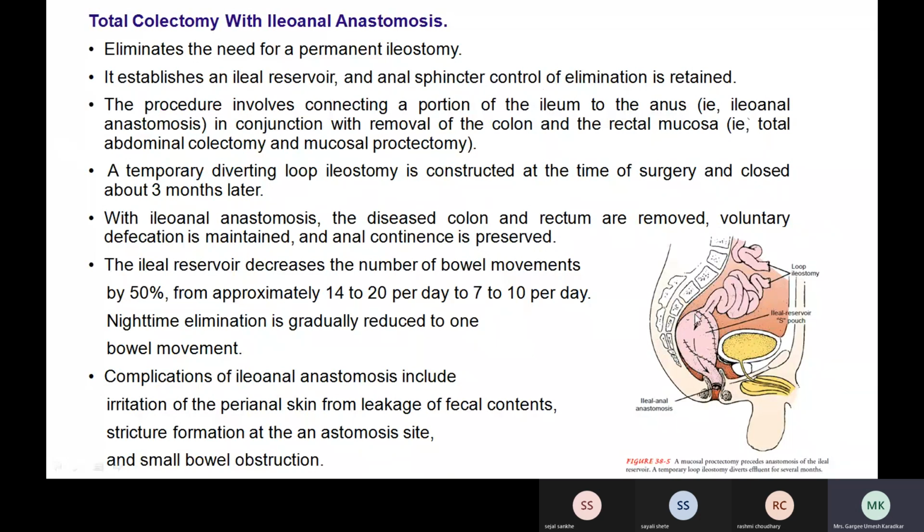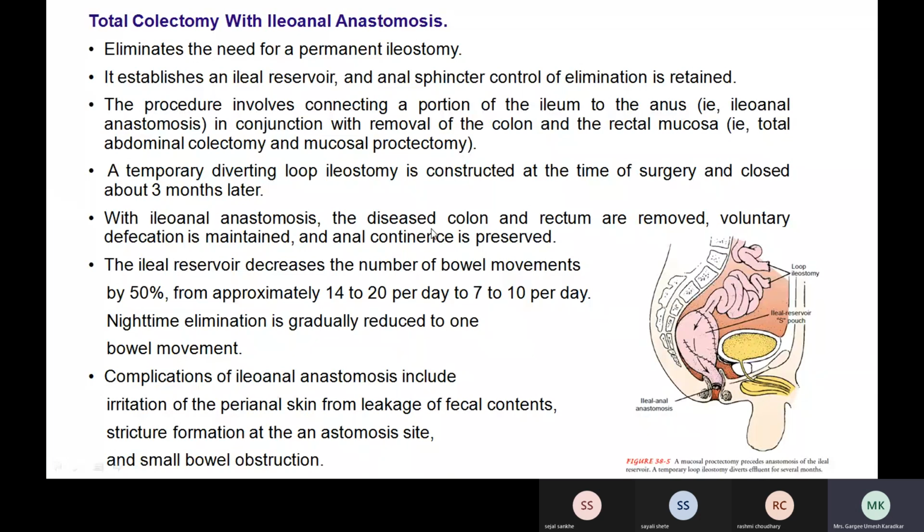To make it function, they give rest to the surgical site. They make an ileostomy so the patient can keep on eating and the contents move out through the ileostomy. In the 3 months period this is going to heal, and then it will be prepared for normal passing of stools. There is a difference in the passing of stools, but at least some of the bowel function is preserved.